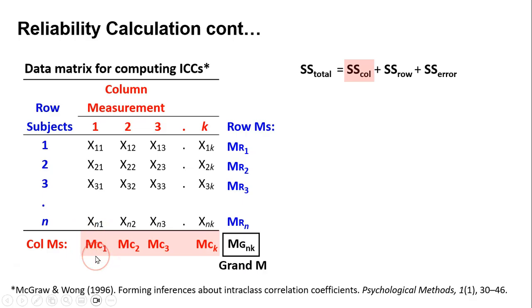Take the mean of column 1 minus the grand mean, square it. Take the mean of column 2 minus the grand mean, square it. Take the mean of column 3 minus the grand mean, and square it. I have 3 values there. I add them together, and I get the sum of the squared deviations for the column. Easy.